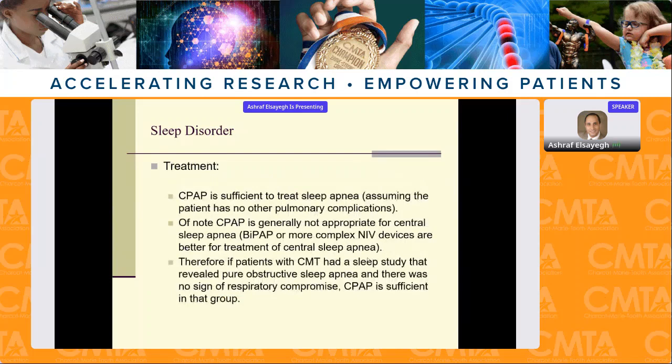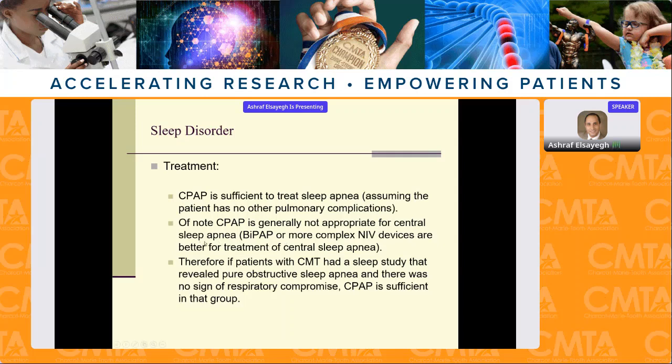How do you treat this? CPAP is sufficient, and it's more than fine to treat pure sleep apnea in CMT patients. And I mentioned this because at the beginning of the talk, I said I generally don't like CPAPs. If a patient has sleep apnea and nothing else, no respiratory issues, then a CPAP is sufficient. However, of note, CPAP is not appropriate for central sleep apnea.